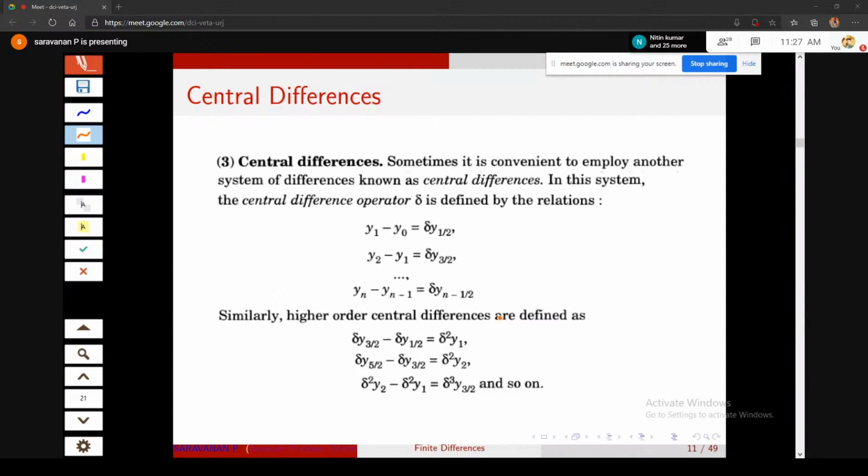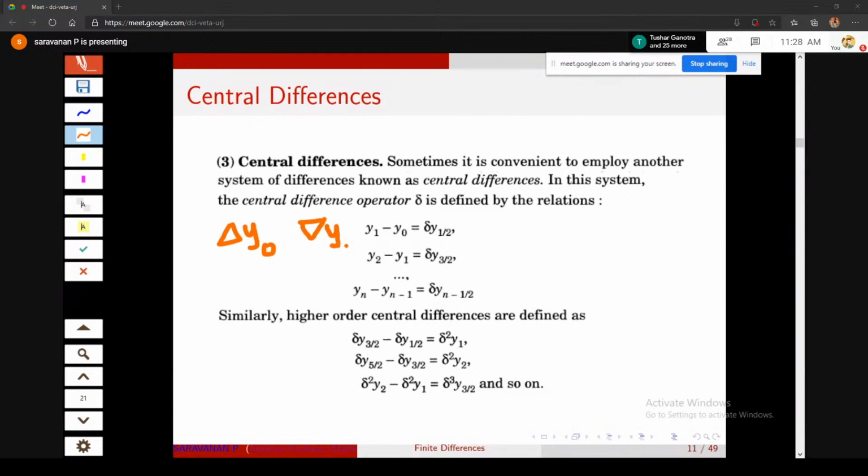Then we have seen the central difference also. The central difference, what you do is, in the case of forward difference, how we have written this y1 minus y0, we have written it as delta with the second suffix. In the case of backward difference, how we have written this y1 minus y0, we use the first suffix, that is del y1.